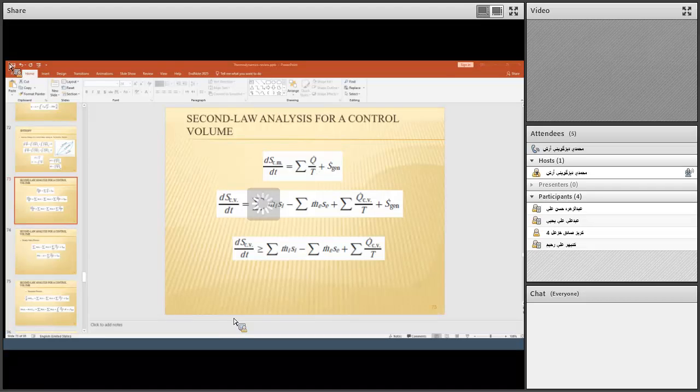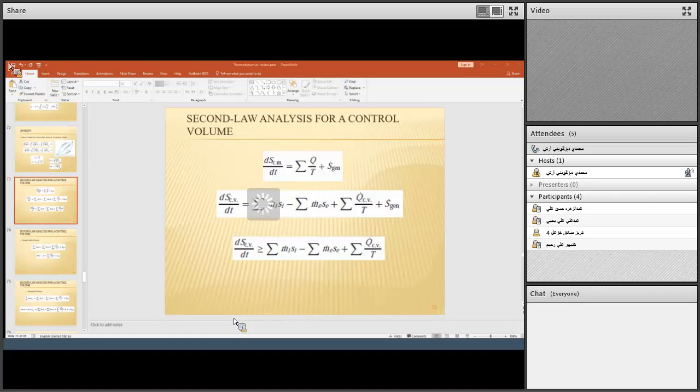So the rate of entropy change inside the control volume equals the sum of mass flow rate times entropy for inlets minus mass flow rate times entropy for outlets, plus the sum of the rate of heat transfer to the control volume divided by T, plus the rate of entropy generation.